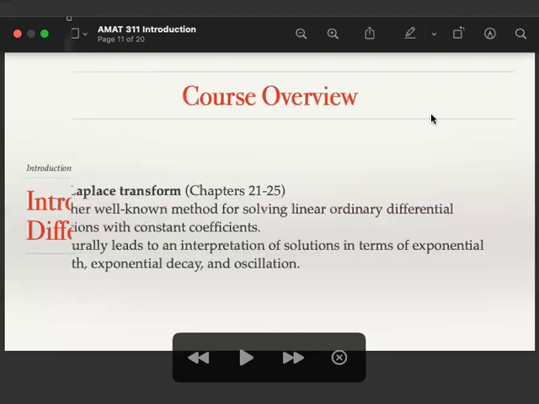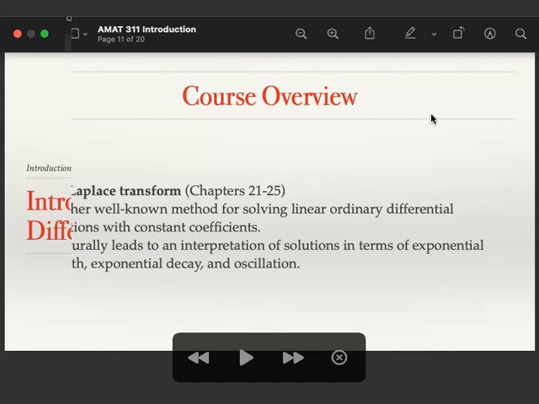And another topic is the Laplace transform. This is very widely used, especially in engineering, but also in mathematics. So this method leads to an interpretation of solutions of linear ordinary differential equations in terms of exponential growth, exponential decay, and oscillation.